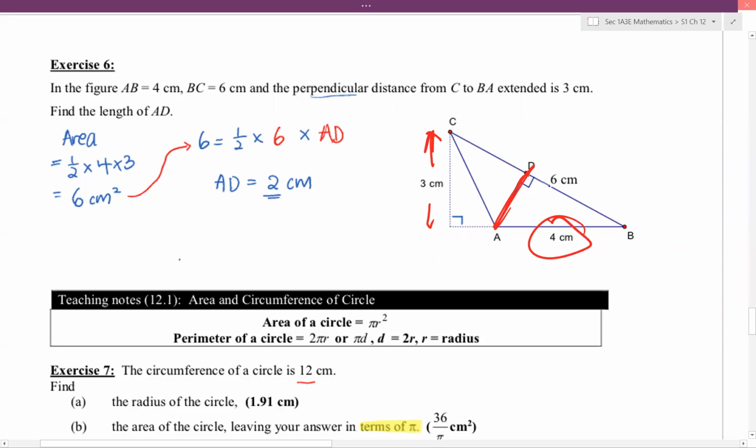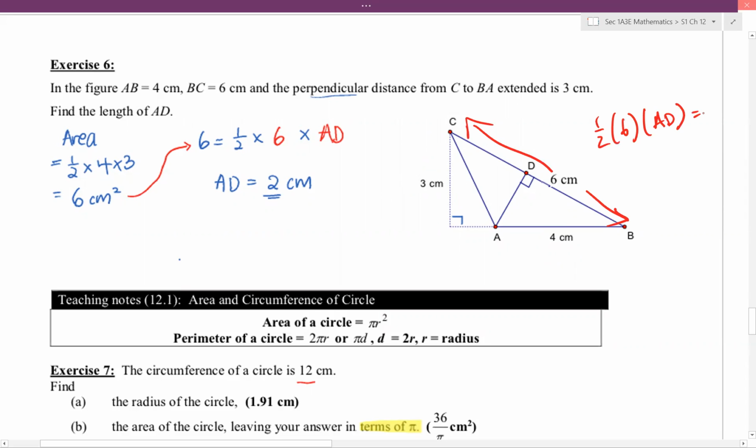So choose the correct base that has the perpendicular height given to you. If you didn't choose 4 and 3, and instead you chose the base as 6 cm, and you try to find the area with half times 6 times perpendicular height AD, you stop.